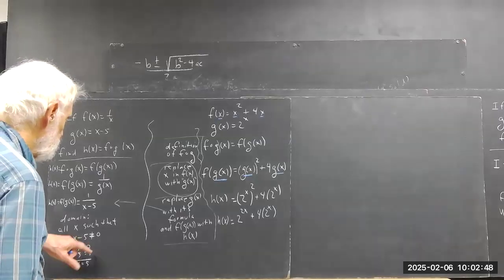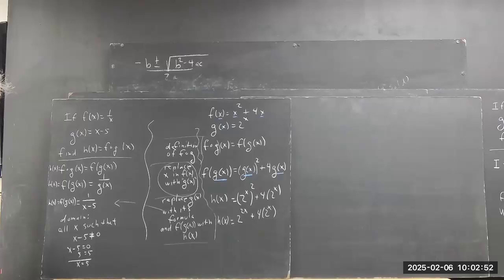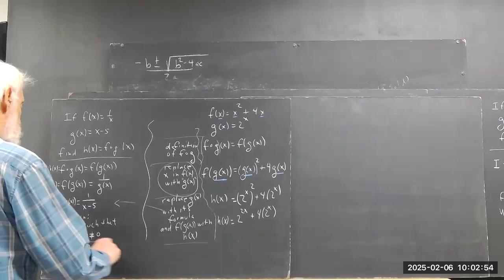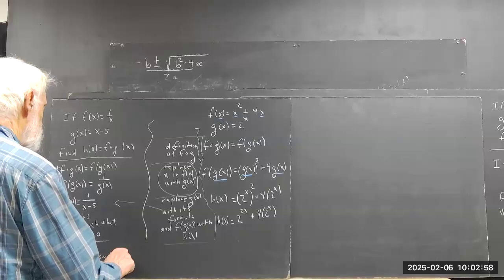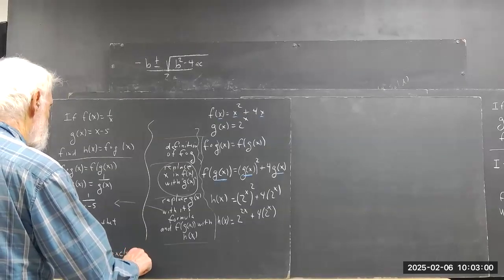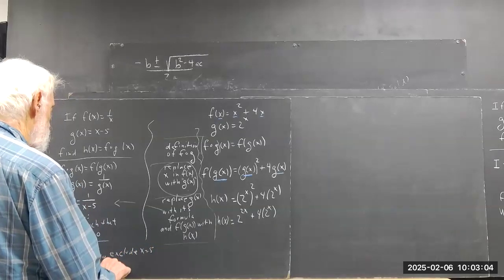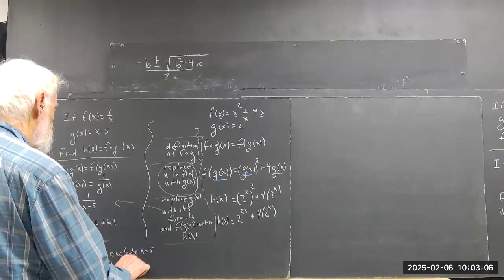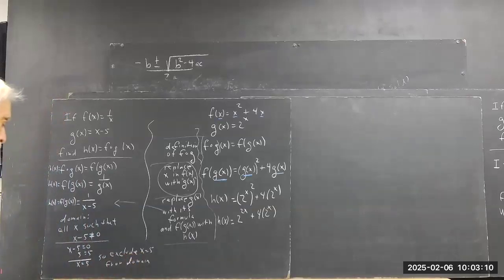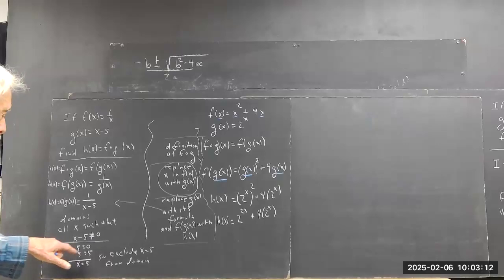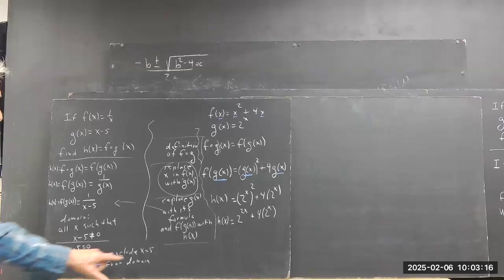The equation x minus 5 equals 0 has solution x equals 5.